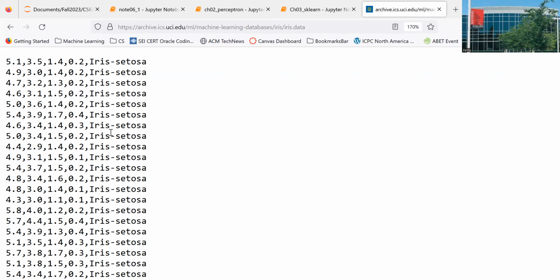Then you train on the samples to find the best weights. Corresponding to the features, you have W1, W2, W3, W4, and these weights are unknown. That's what machine learning is going to train. And what do you use to train?